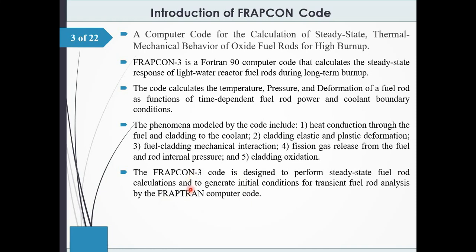And when we want to use FRAPTRAN, we should use the initialization file of the FRAPCON in FRAPTRAN to calculate some accident phenomena like LOCA or RIA and power ramp, and a lot of transient conditions there are in the reactor.